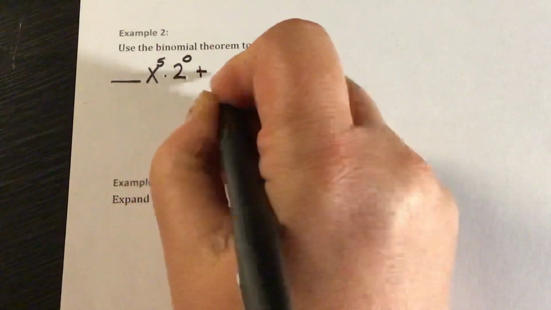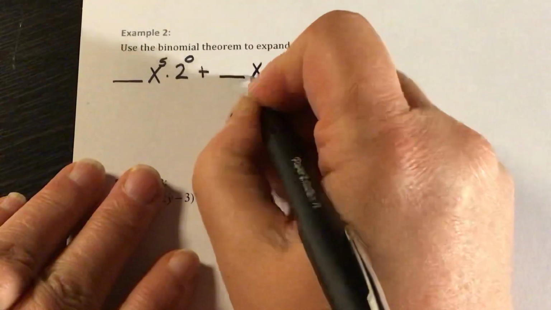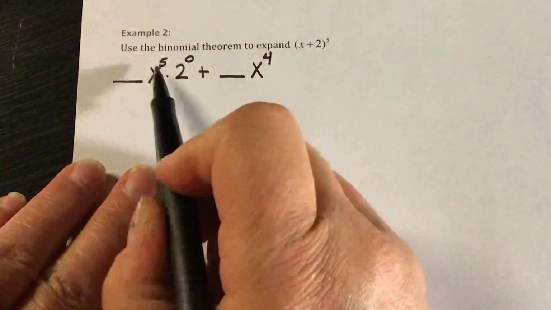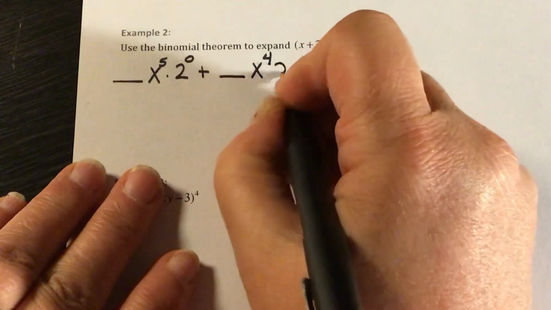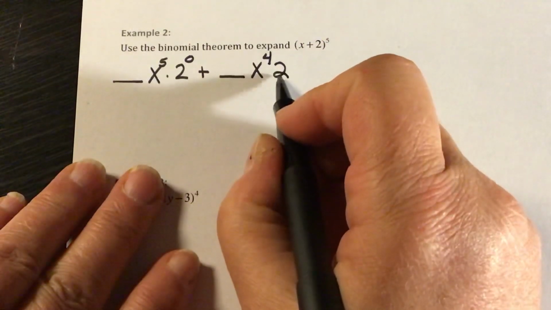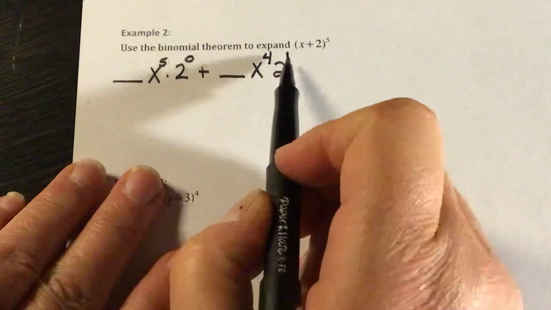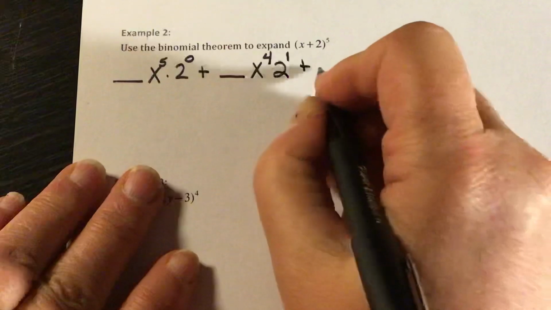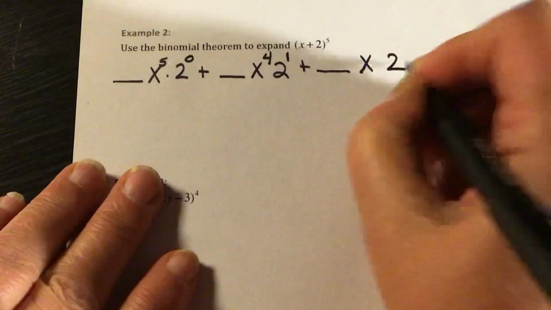Then in my second term, I'm going to have a coefficient. My x value is going to go down 1, so I'm going from 5 to 4, and then my a value, which is 2, is going to go up 1, so I went from 0 to 1. In my next term, I'm going to have an x and a 2.